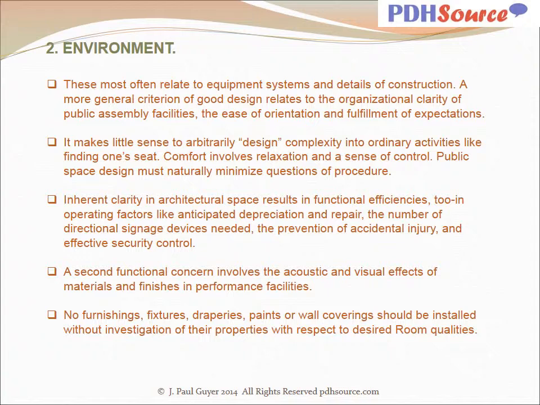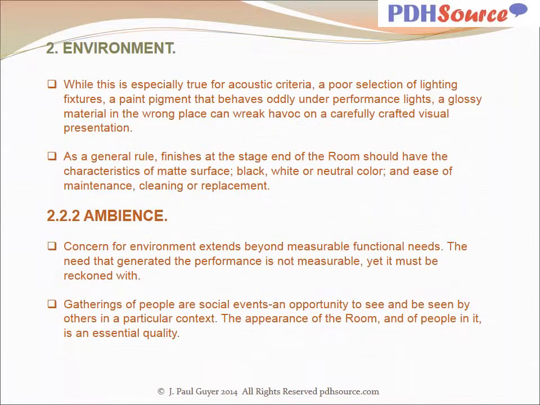A second functional concern involves the acoustic and visual effects of materials and finishes in performance facilities. No furnishings, fixtures, draperies, paints, or wall coverings should be installed without investigation of their properties with respect to desired room quality.